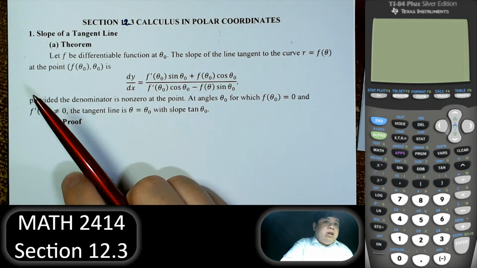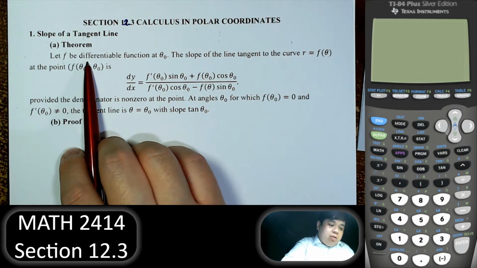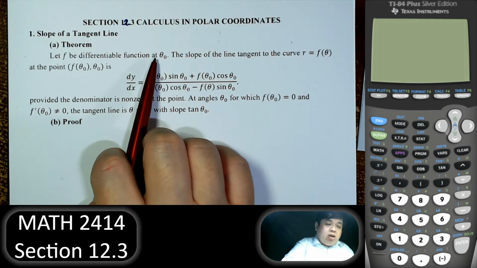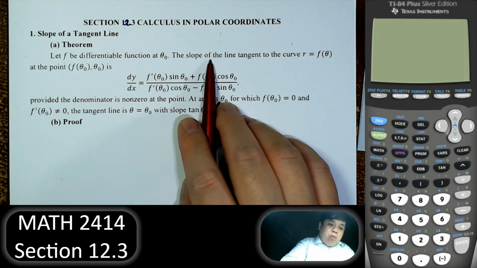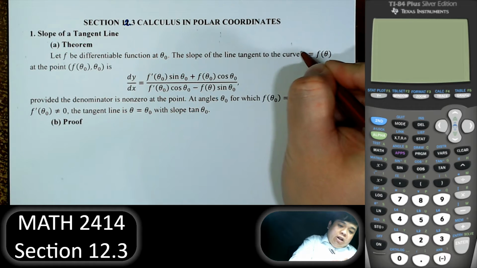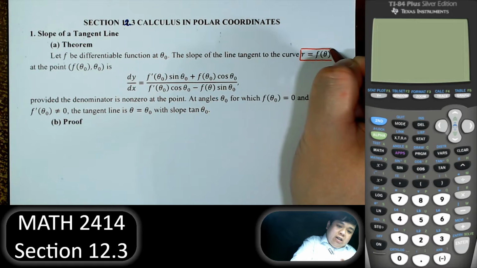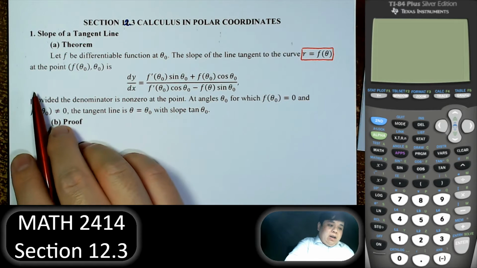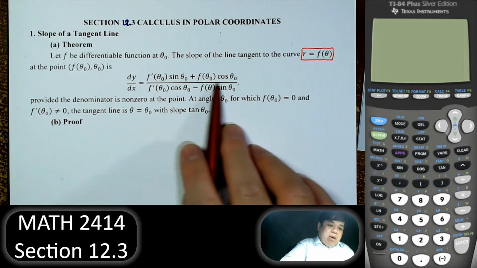First, slope of the tangent line or the derivative. Suppose f is a differentiable function at theta naught, and the slope of the tangent line to the curve, where the curve is given in the form r is a function of theta, and the derivative in terms of y and x will be given by that.